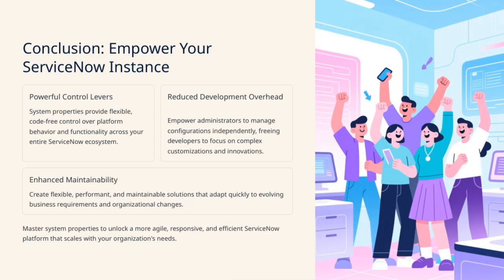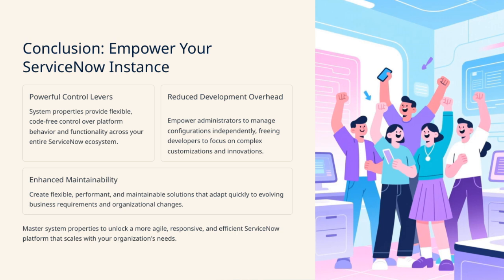Mastering system properties is key to unlocking a more agile, responsive, and efficient ServiceNow platform that can easily scale with your organization's needs. By leveraging these properties, you can create solutions that are flexible, high-performing, and maintainable, allowing you to adapt quickly to changing business requirements and organizational shifts.